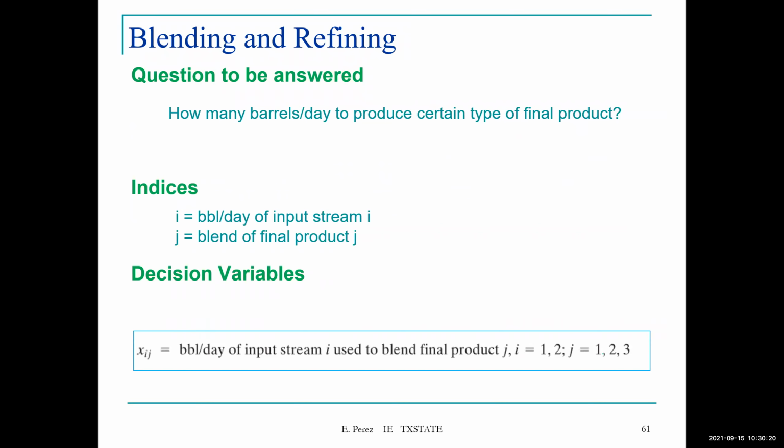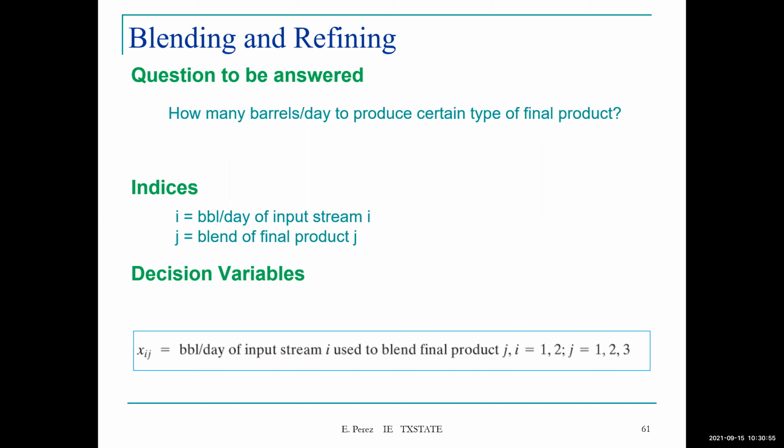So what are the questions to be answered? How many barrels a day to produce of each type of final product? So we have these three different final products, and we have the indexes that represent the barrels a day of the input stream that are going to be transformed to a final product J. So how many barrels of input are we using to create this output, final product?